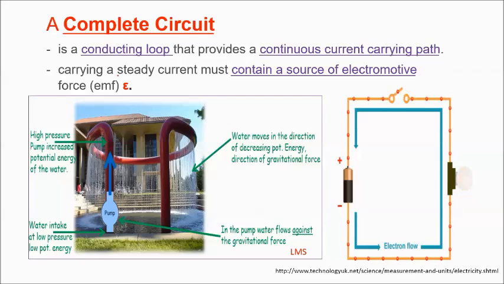Now in the figure, we see the water flows from higher to lower potential energy. As the water moves in the direction of decreasing potential energy, that is the direction of gravitational force.